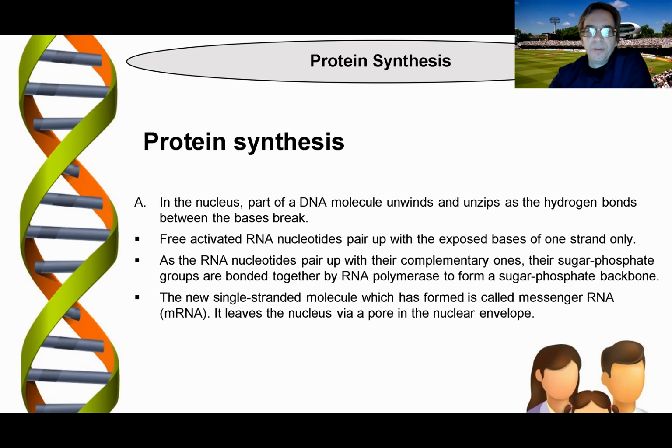So a little bit about protein synthesis. In the nucleus, DNA unwinds and unzips as the hydrogen bonds between bases break. This is what happens in replication. And then we have RNA nucleotides in the nucleus, which are only one strand. So we didn't mention that before. DNA is a double-stranded molecule.